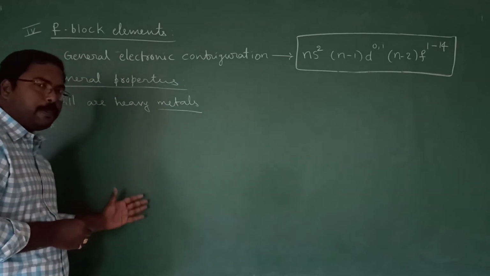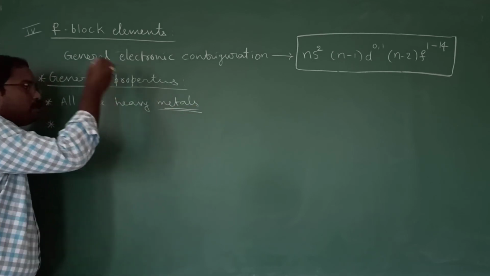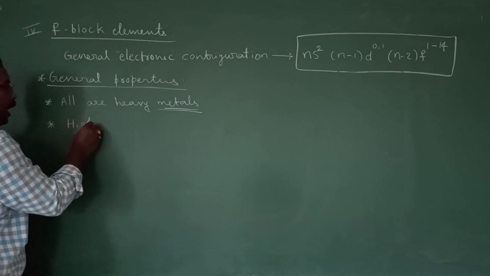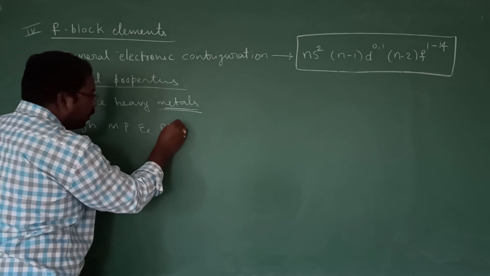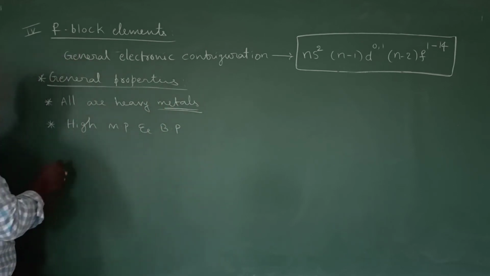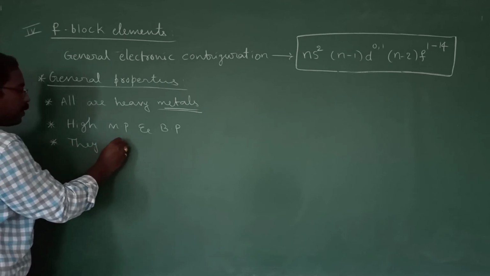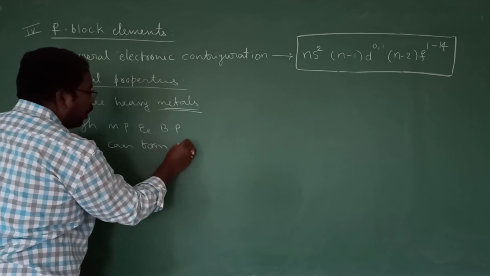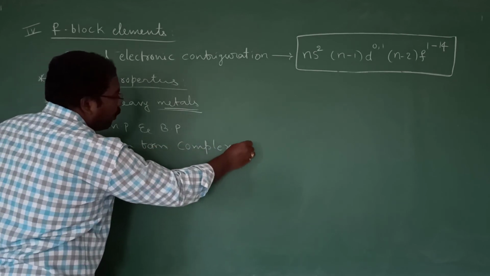Those properties I am not writing here, because about metals we all know. I'll write a few points: they have high melting points and boiling points. Even these can also form complexes, which means they can form complex compounds.